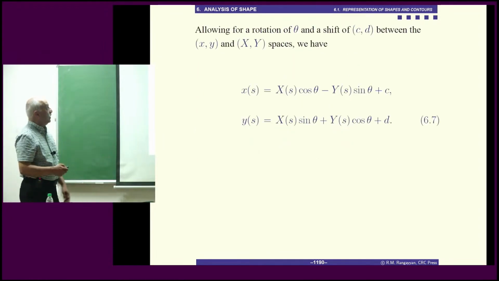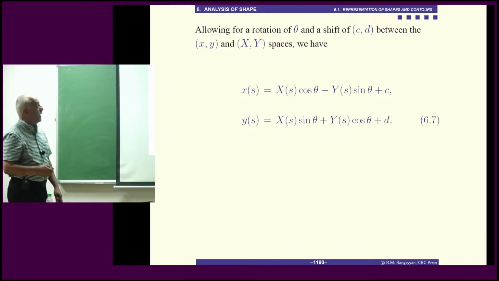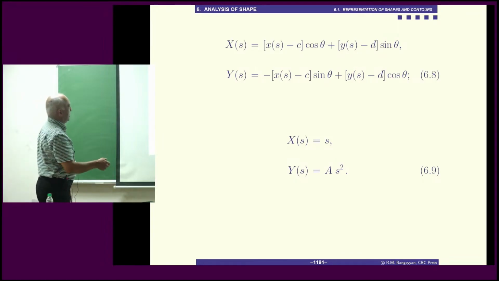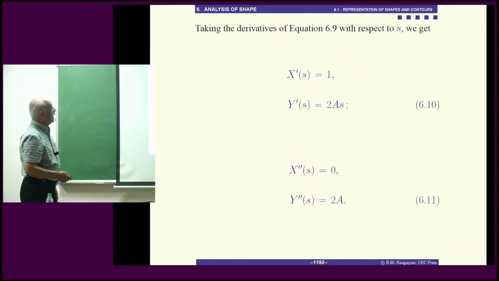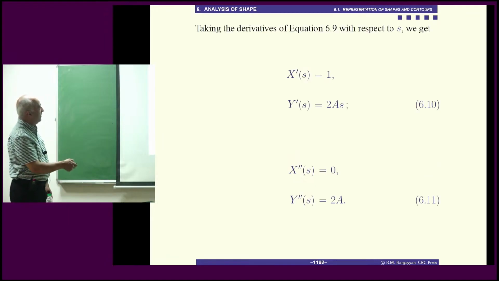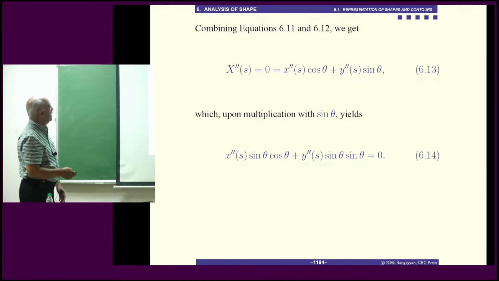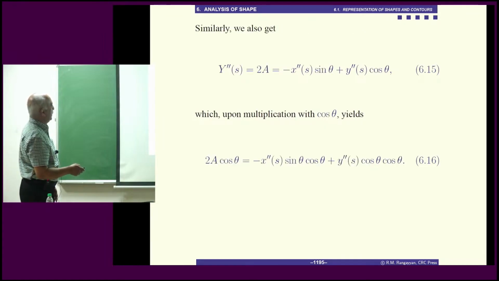So theta and the shift are the parameters required. So xs is capital Xs cos theta minus ys sin theta plus c, and ys is a similar function. So rotation and displacement, that's all. So you go through all of that, and then you get these equations for the parabola, and then you want to take the derivatives and solve for all of these equations, and finally you get 2a cos theta is that.